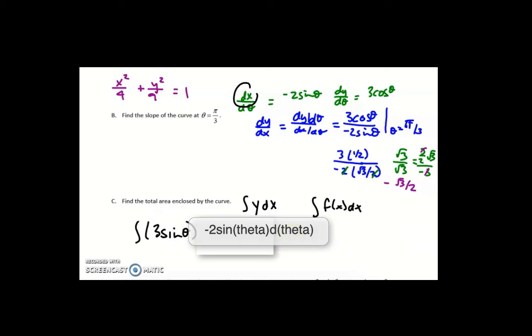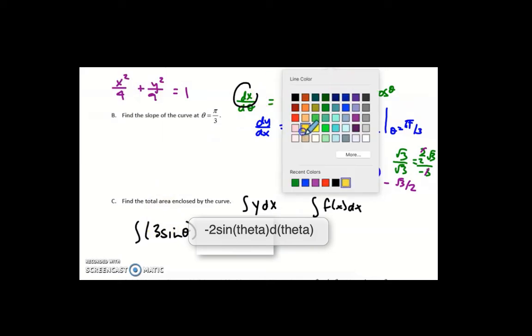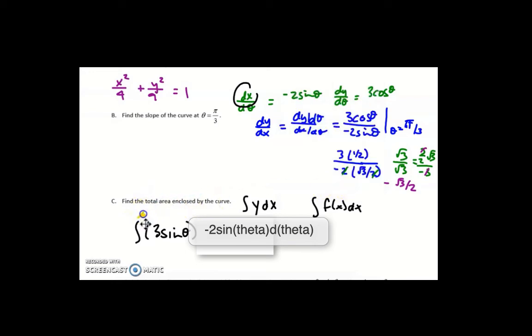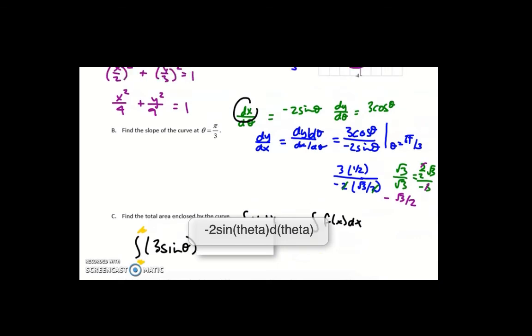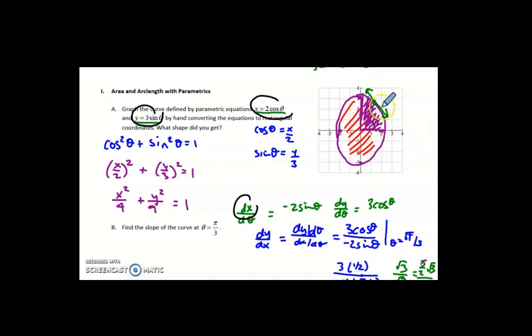Okay, so now the problem is, I don't know what my limits of integration are. And I'm looking at this and I'm thinking, do I just go from 0 to 360, or excuse me, 0 to 2 pi? How do I do this?